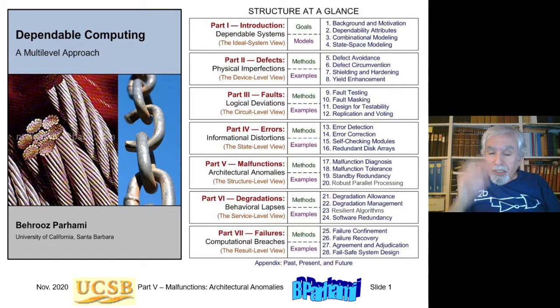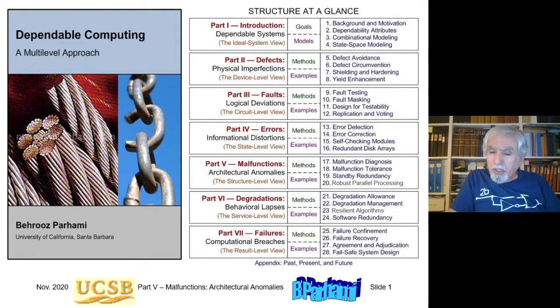Now, malfunctions is a word I use for what in the literature is sometimes referred to as system-level faults. We talked about faults before, logic faults, where logic faults are basically things that can happen at the gate and interconnection levels, like a gate does not work correctly or a wire is disconnected.